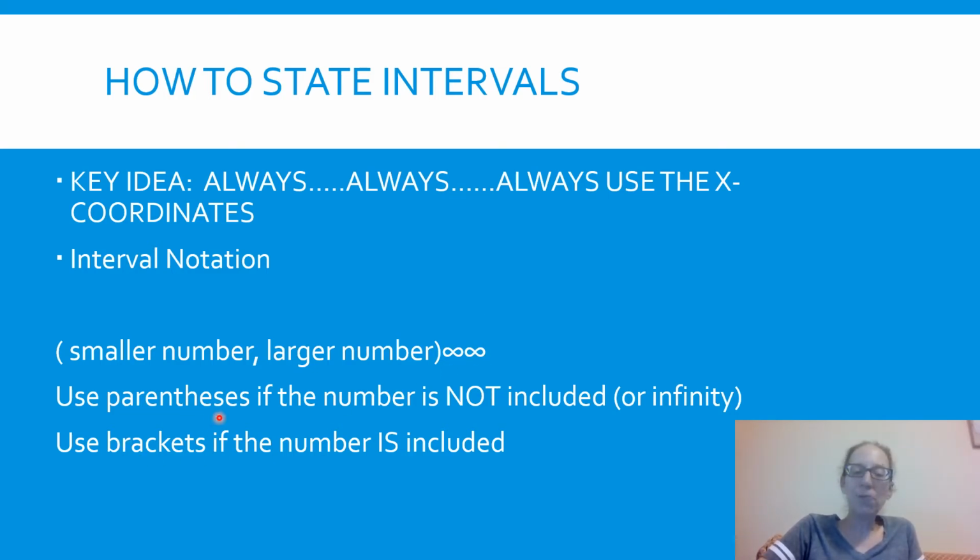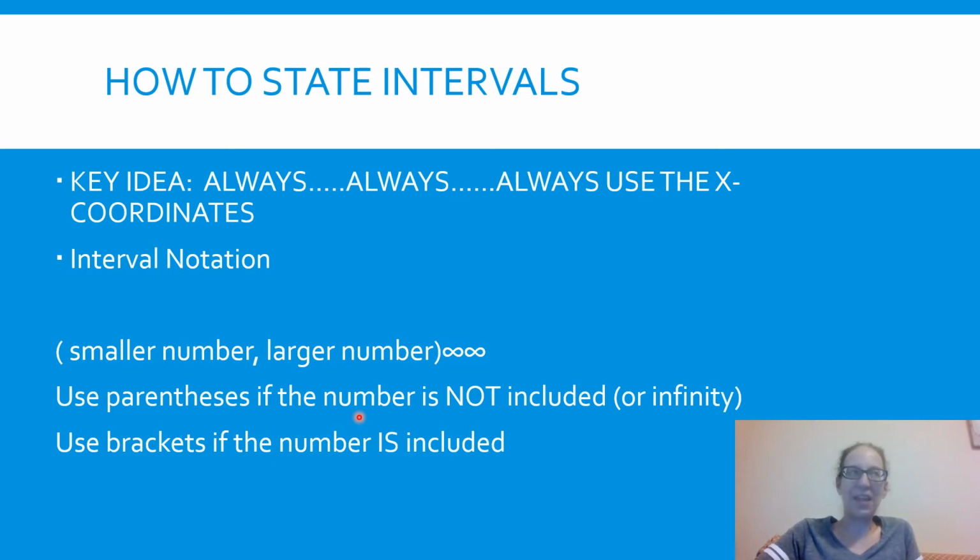You use parentheses if the number is not included or if you're using an infinity. So there's a place for infinities here. In this case I have them in parentheses because I needed to demonstrate it in something, but parentheses are used if the number is not included, and you use brackets if the number is included.